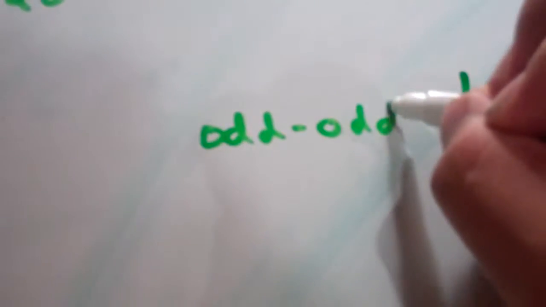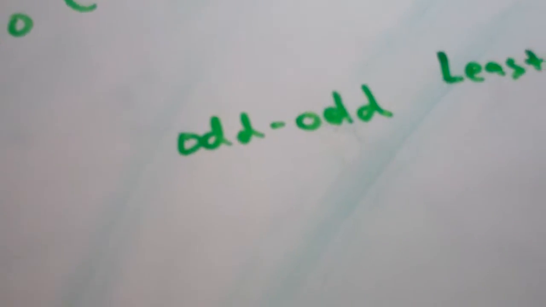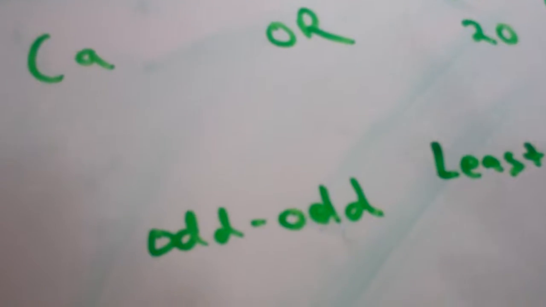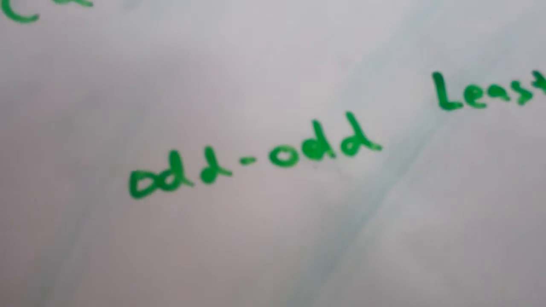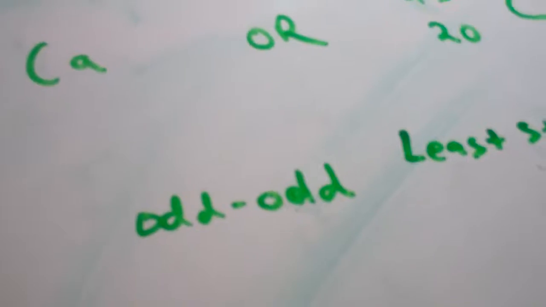So odd odd is going to be the least stable elements. So what I mean by that is, say the top and bottom number are odd. That's the least stable element you can have because they're the most radioactive. So in this case, we don't have one of those, but if we would, that would be the least stable.